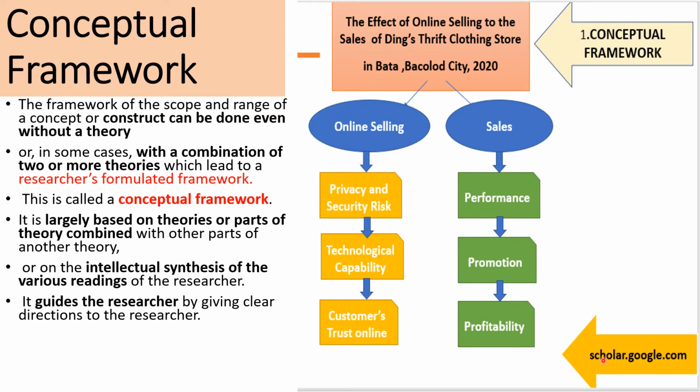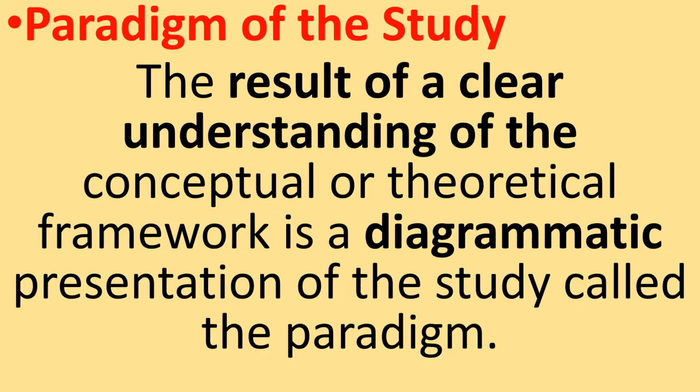When you type Google Scholar, it will appear, and you can also type scholar.google.com. It's the same. You can search there in the libraries the topics and articles that are related to your study. Okay, so that is it.